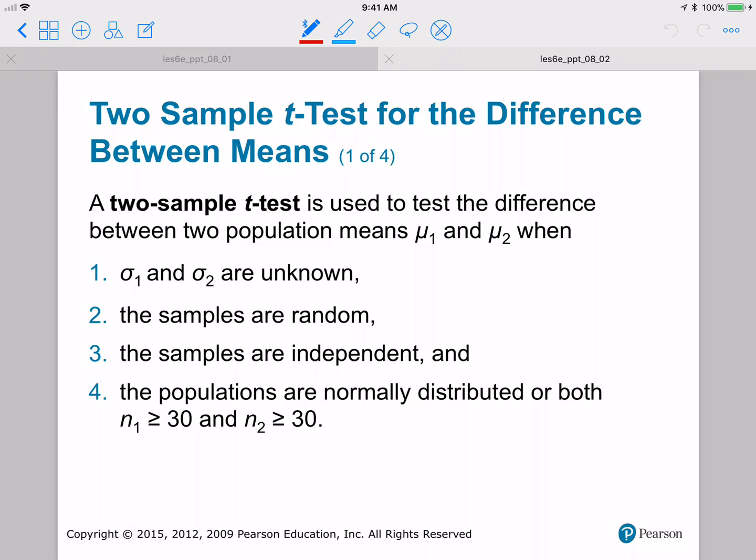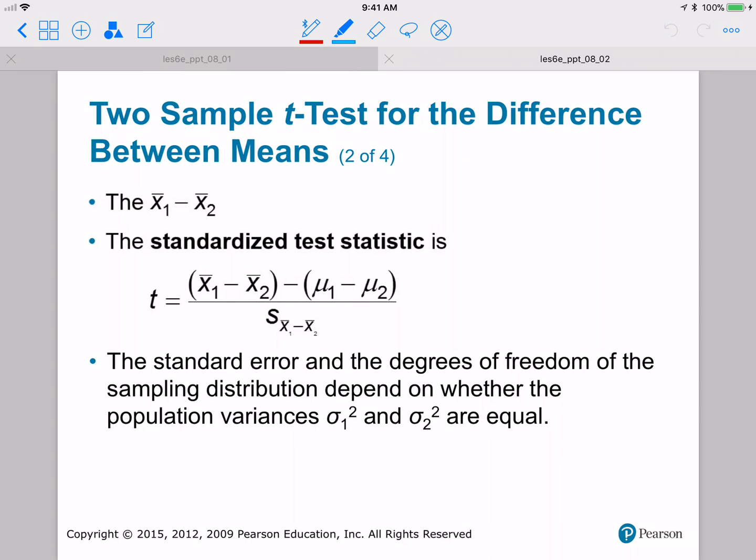Here we have the requirements listed. This is very similar to the two sample z-test for the difference between means. I'll just draw your attention to this difference here, which is that sigma 1 and sigma 2 are unknown. Everything else is the same.